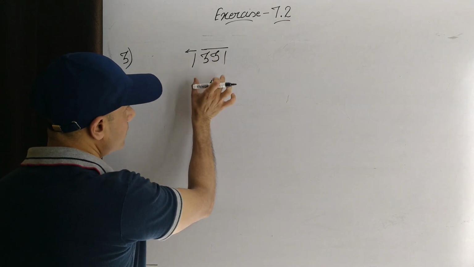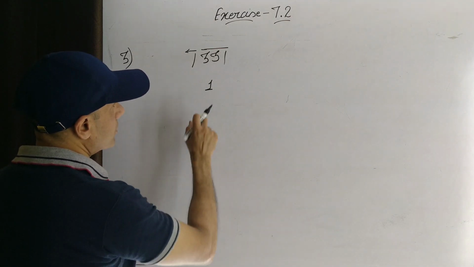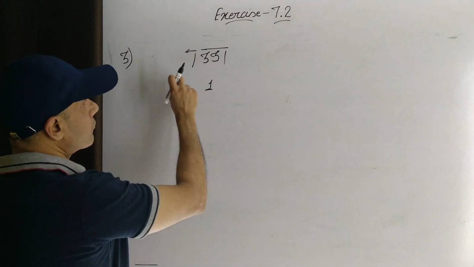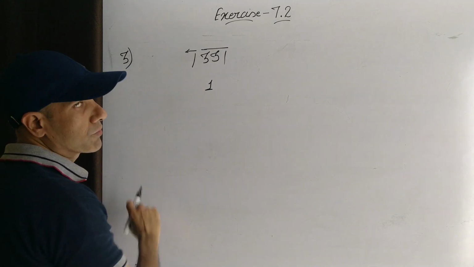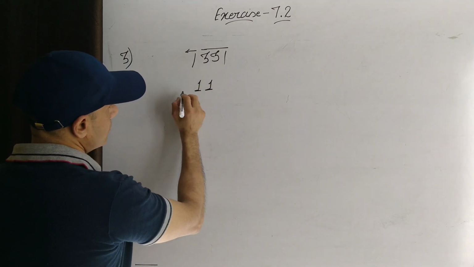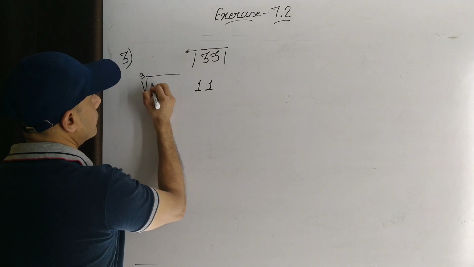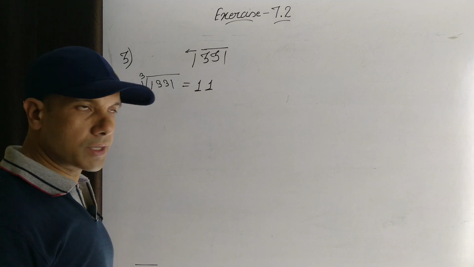We have received the unit position, or right hand component, of the cube root of this number. Now again we are left with only 1. We have to find a cube which is either equal to 1 or less than 1. Cube of 1 is 1. So there is only one possibility. So we get the result as cube root of 1331 is equal to 11. Clear?